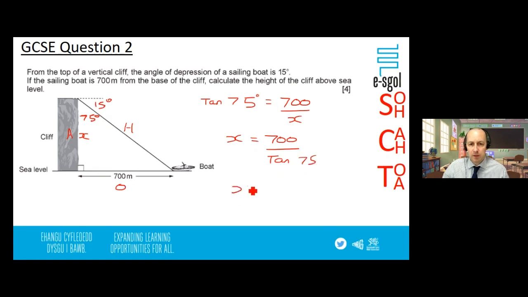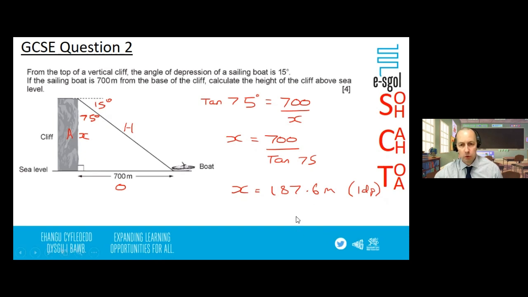When we punch it into the calculator, that gives us an answer of 187.6 meters, to one decimal place. Remember, what we found is the height of the cliff. If the boat is 700 meters away, could the cliff be 187? Yes, the answer makes sense. It's a logical answer and it fits in with the question.